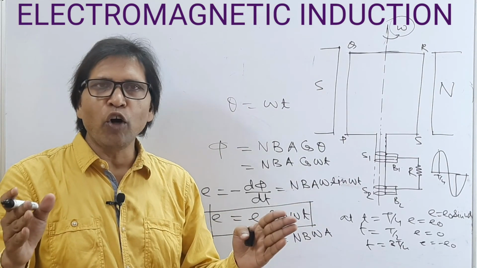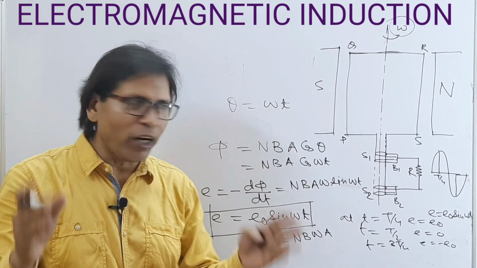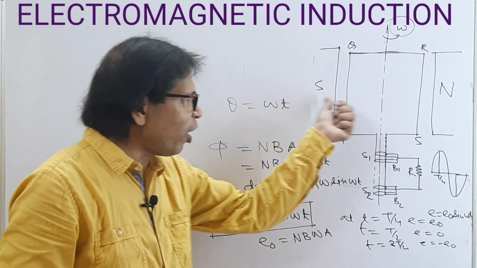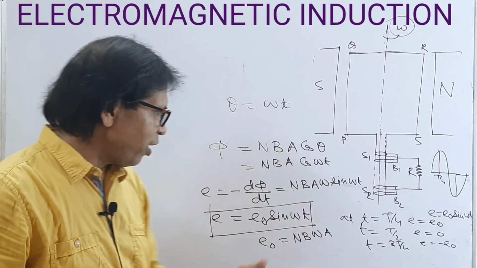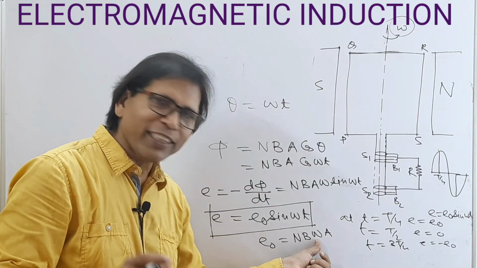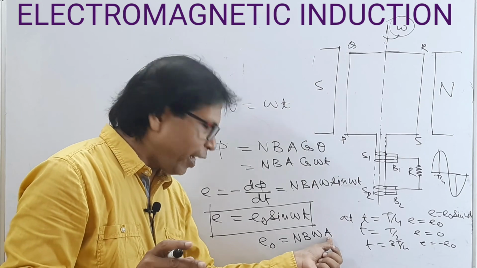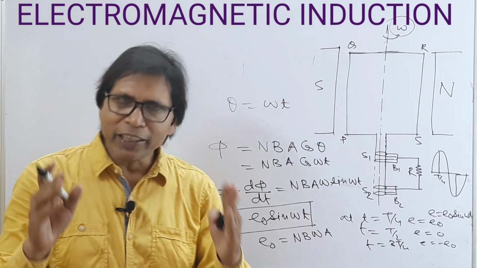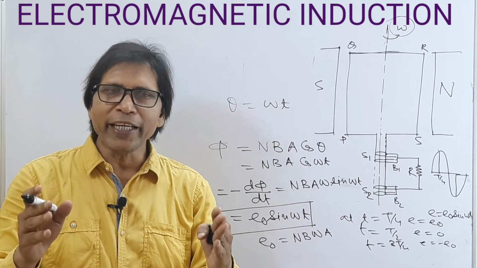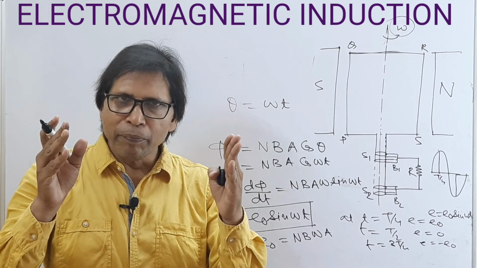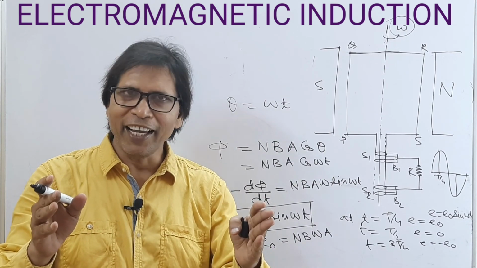The peak value of EMF depends only on the strength of magnetic field, because omega is constant, and the number of turns and area of the coil must remain constant to make it rotate 50 times per second.